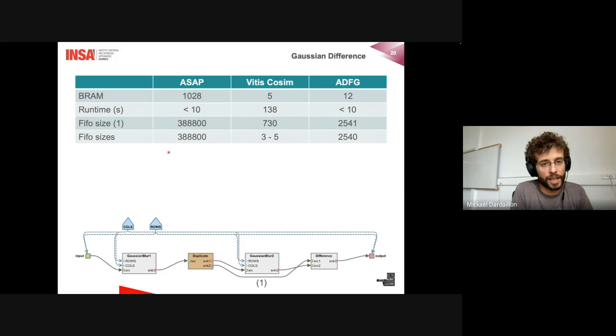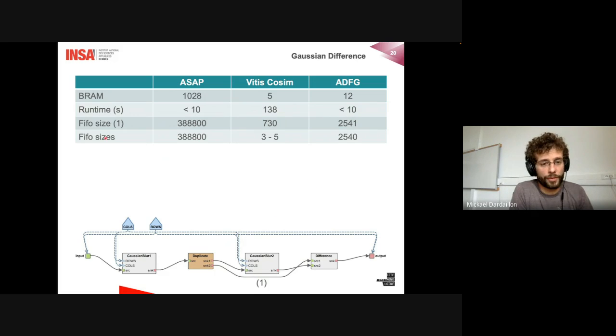And what we see is that ASAP is completely storing all the data in the intermediate FIFO, so this is very expensive. Vitis cosim is proposing, for this FIFO going between the second and the fourth actor and bypassing the third actor, so it needs to store tokens while they're processed here, a FIFO of 730. That's the most complicated to compute, and ADFG is over-approximating at 2,500. So some over-approximation here.